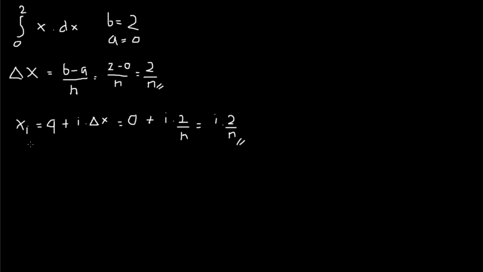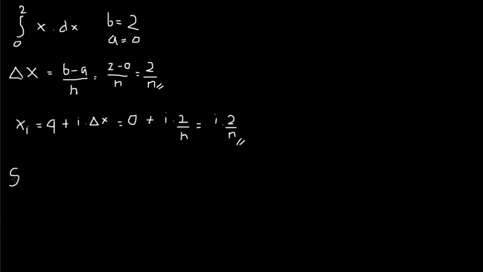Now we have our xi, and we have our delta x. Before going into the last step of the Riemann sum theorem, we need to find the f of xi, which means we have to input this xi, which is i times 2 per n, into the original equation.